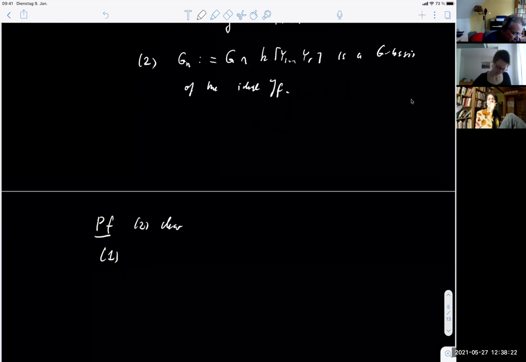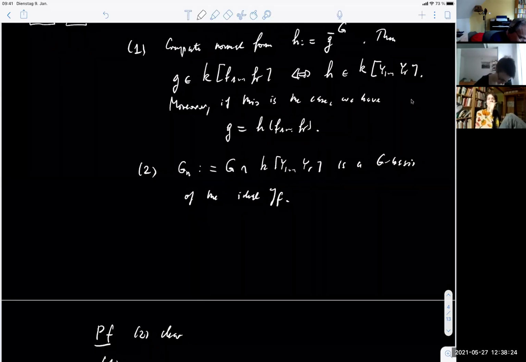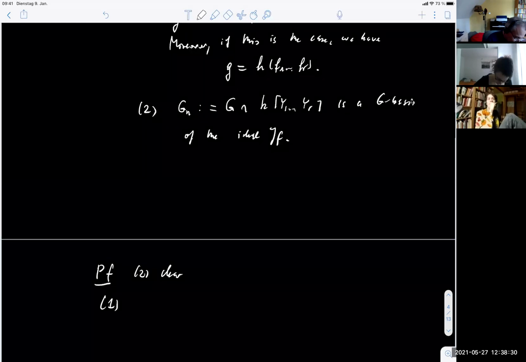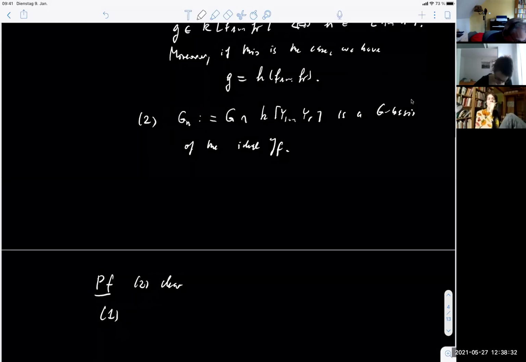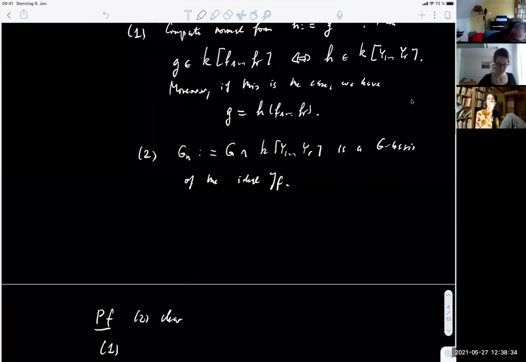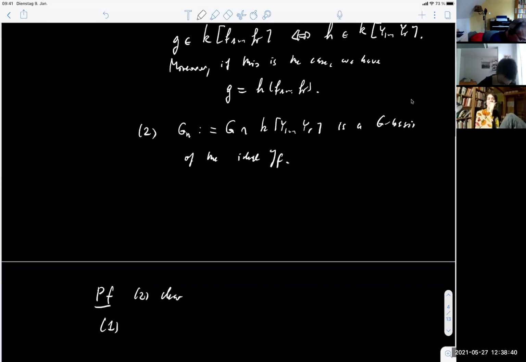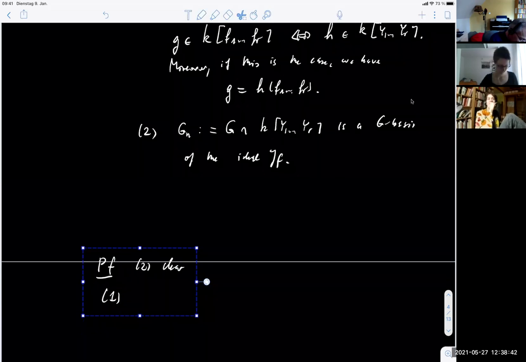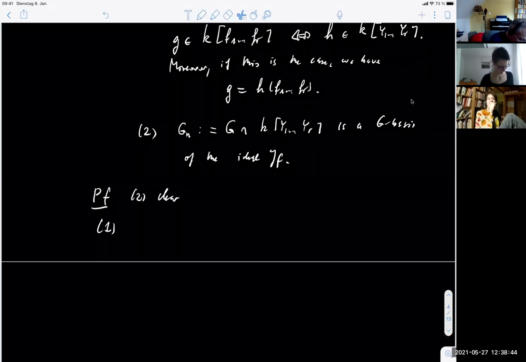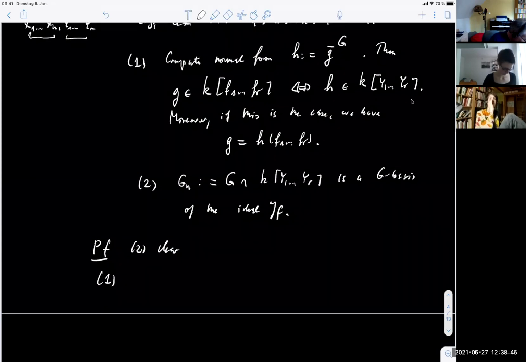Okay, so let's prove statement 1. I go slowly because I don't want anyone to be confused. Maybe I move this up so we can see both things at the same moment. So let's do this direction in part 1.